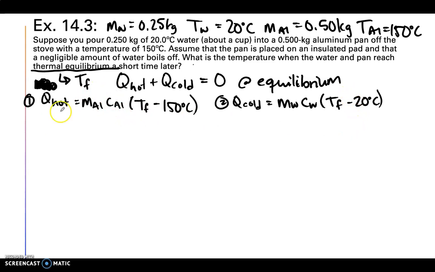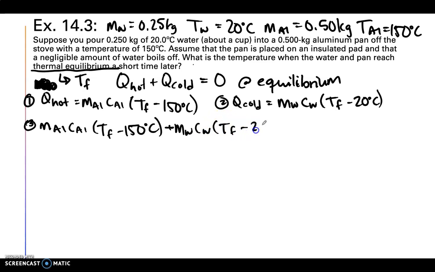Again, we'll need to add these two. So it'll be M aluminum, C aluminum, times T F minus 150, plus M water, C water, times T F minus 20 degrees Celsius, equals 0.